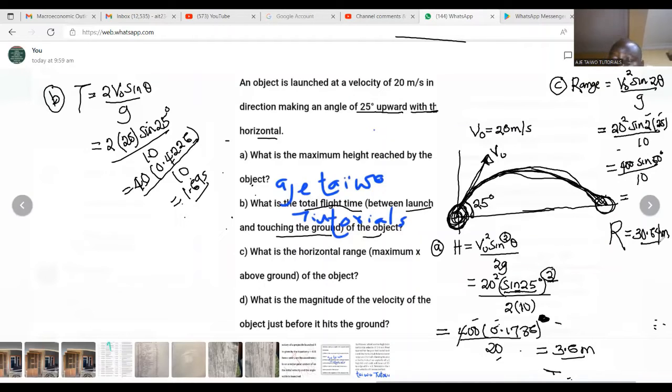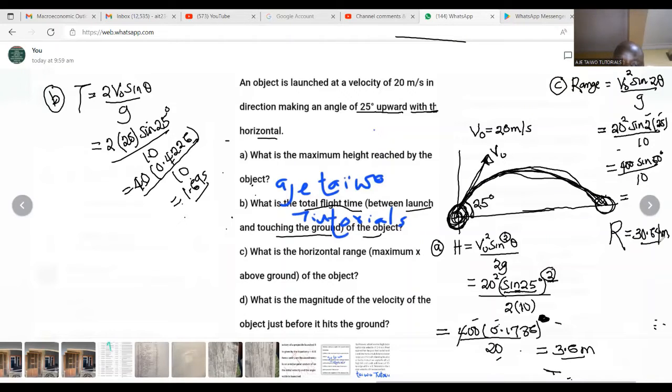This is the range. Range means the maximum distance traveled horizontally. But you should note, it's not the same thing as maximum range. Maximum range is more than this. But this is range.